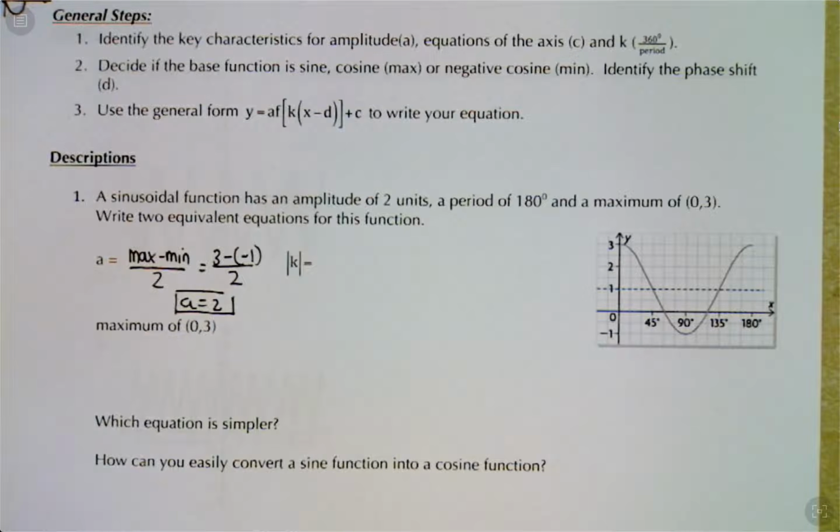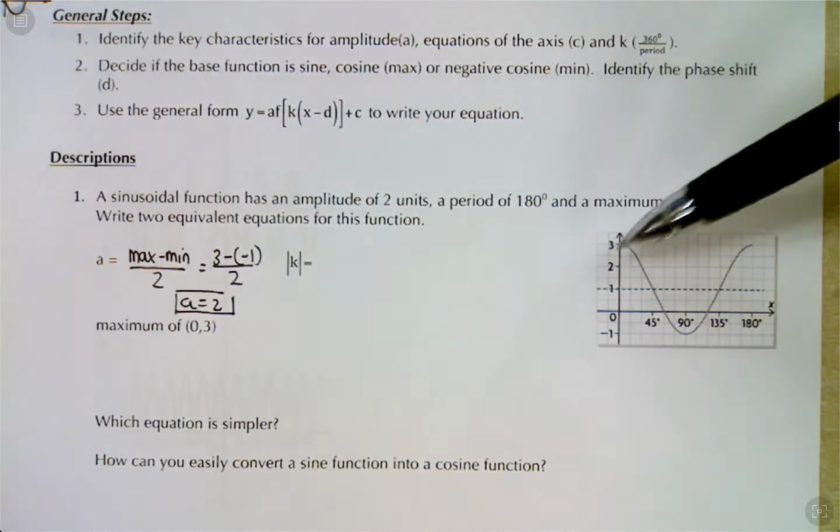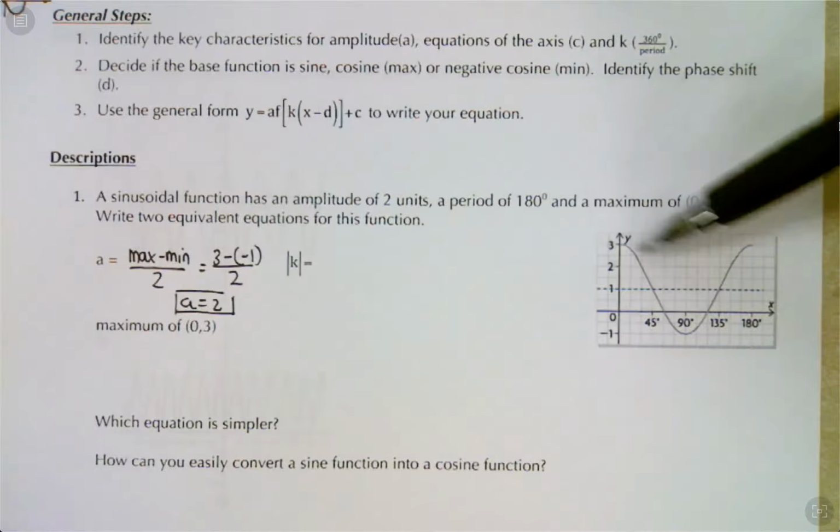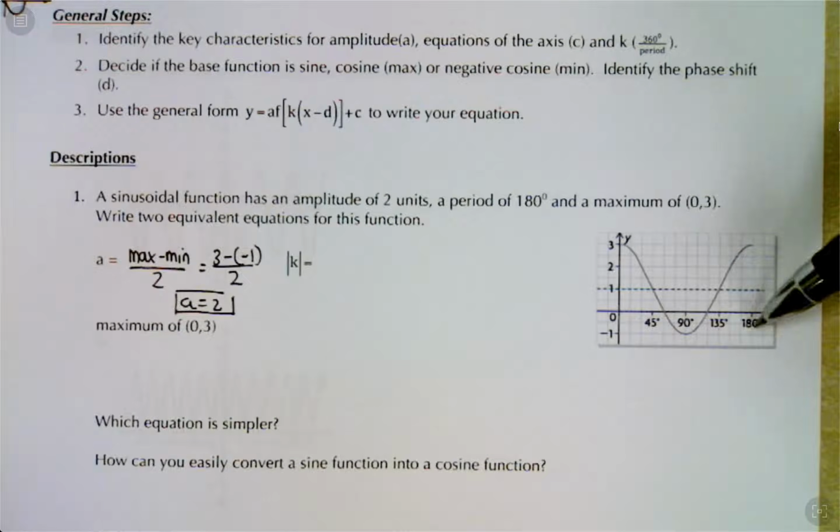It also says the period is 180 degrees. That means it takes 180 degrees to complete one cycle. Now the standard sine and cos take 360, but if we look at our graph here, starting at a max, going down to a min, back to a max, that's one complete cycle. And it takes 180 degrees to complete that cycle.